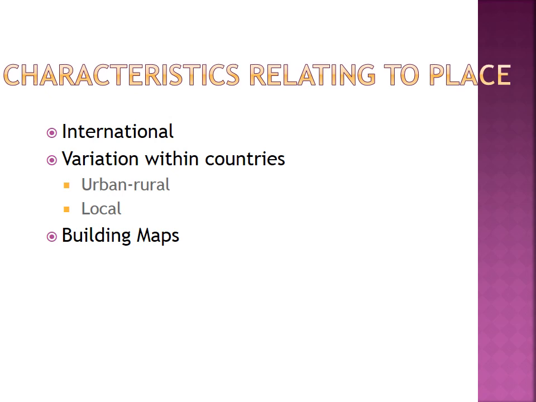Building maps help, for example in food poisoning, or in other disease outbreaks, where we can find who the inhabitants are in a particular area of the building who are affected by a particular infection.